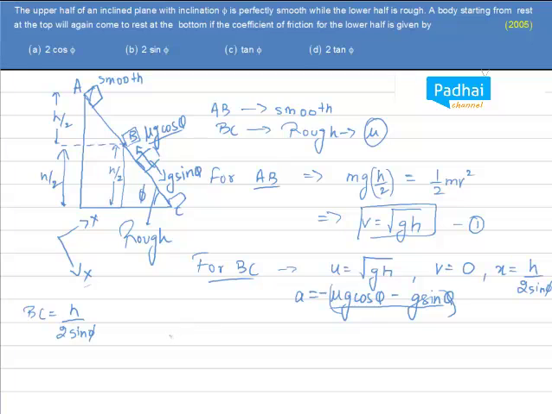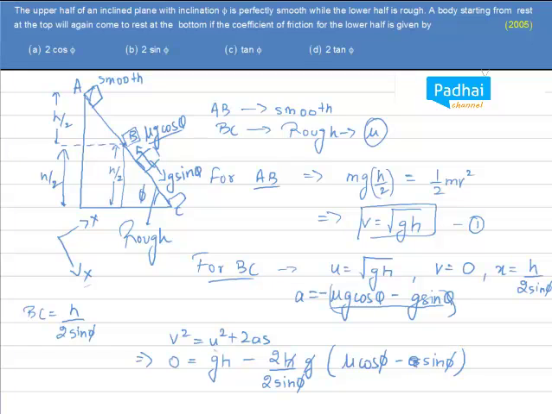Now if I use the equation of motion, v square equal to u square plus 2as, and put these values, v will be equal to 0, u was root of gh, so that means gh minus 2s is h upon 2 sine phi. I can take g common, so it will be mu cos phi minus sine phi.